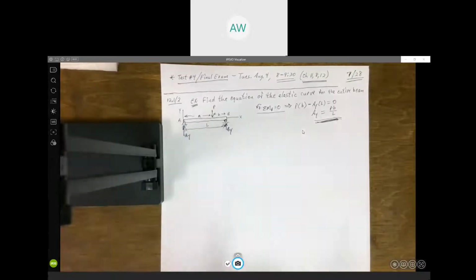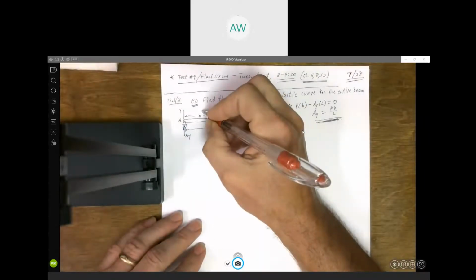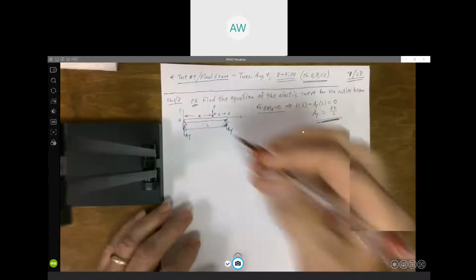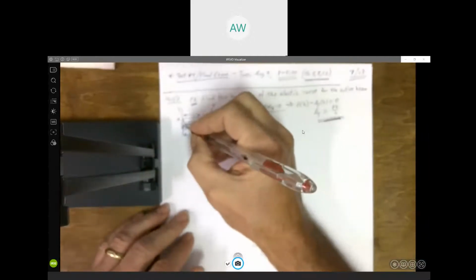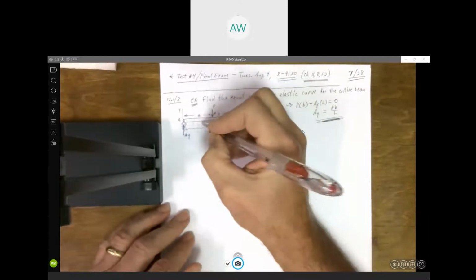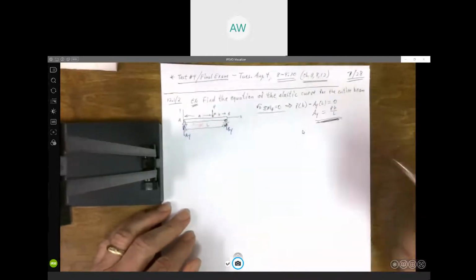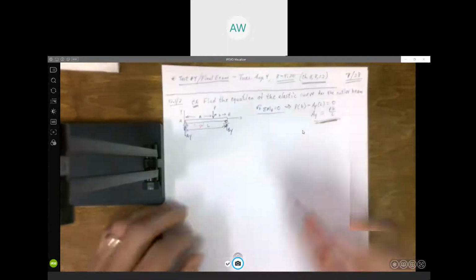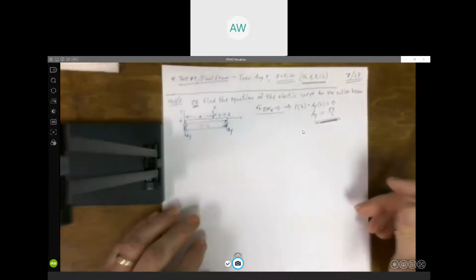So as I said a second ago, we're going to have to cut this thing somewhere. We're going to come out here some arbitrary distance x and cut it somewhere before we get to our applied load P. And I'm going to draw a new free body diagram here.